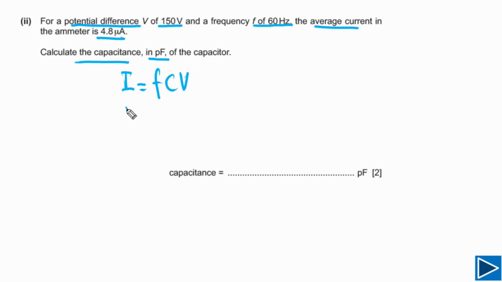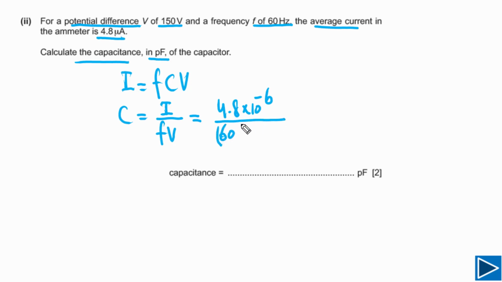Now this question is asking us to calculate C, so we can rearrange this expression. We can write down C is equal to I over F times V, and we can plug in values. The value of I is 4.8 times 10 to negative 6 amps, divided by the frequency.